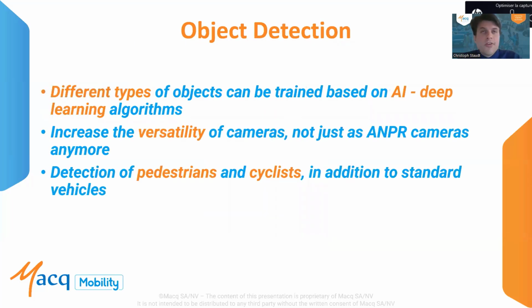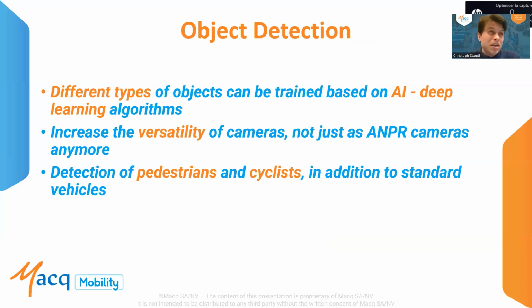Then also, I would say, a unique selling point for our ANPR camera is that there is also the object detection embedded included. So that means our camera is not only able to recognize license plates and all the characters I showed you before, but also different type of objects.